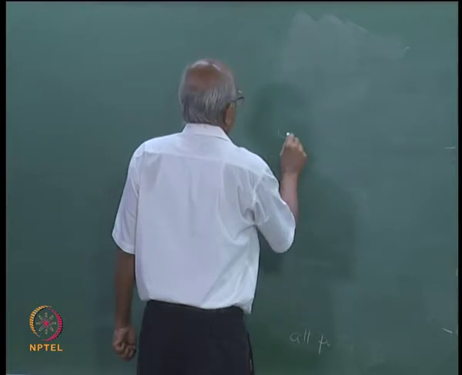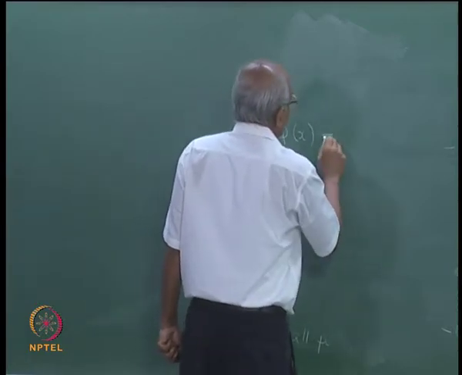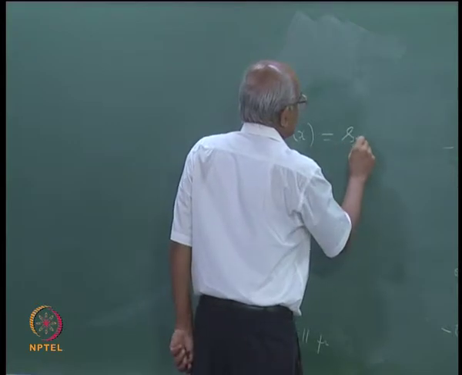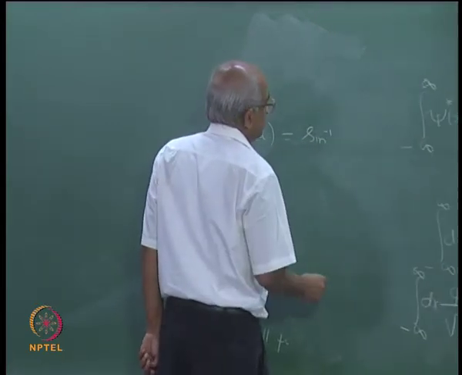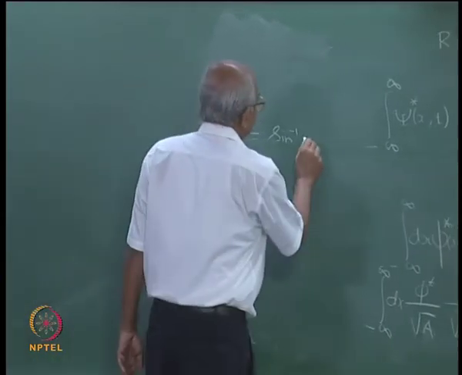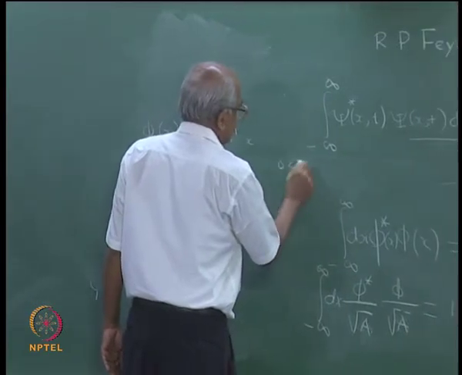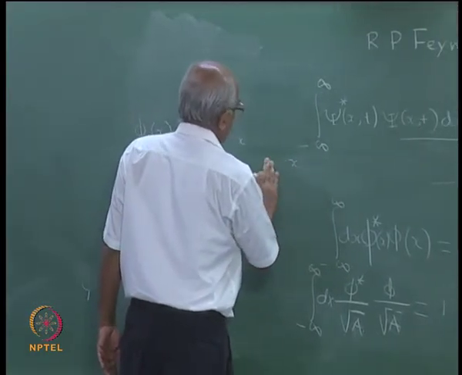Suppose I have a function phi of x, and I am going to say that it is of the form sine inverse of x. Of course, you will have to say x is between minus 1 and plus 1.